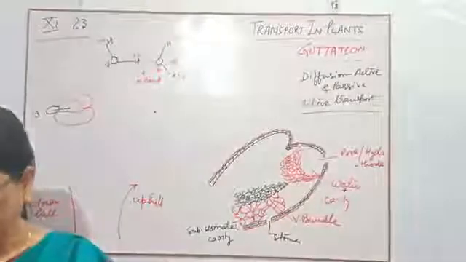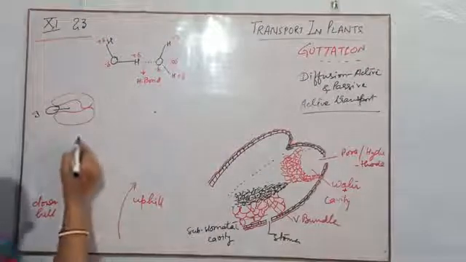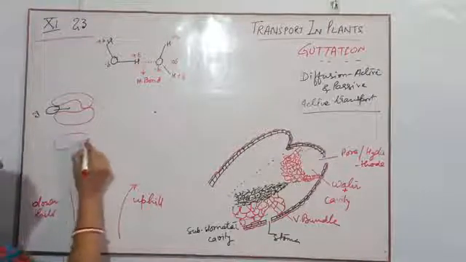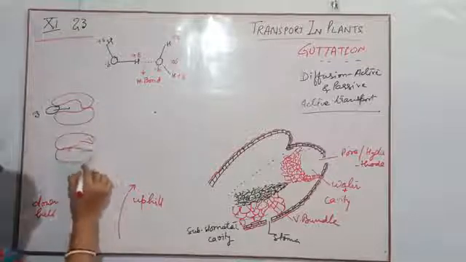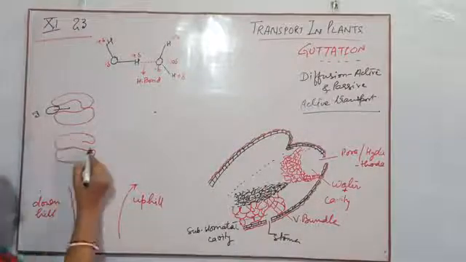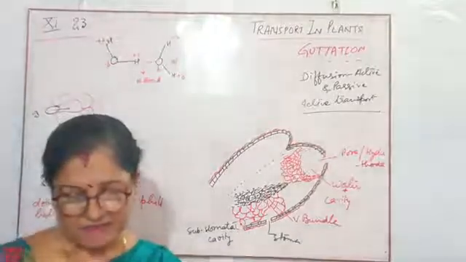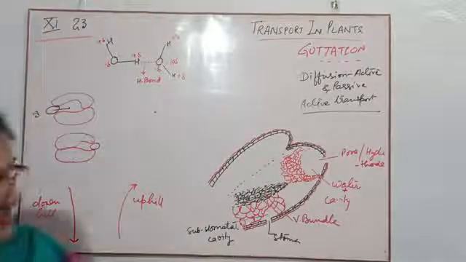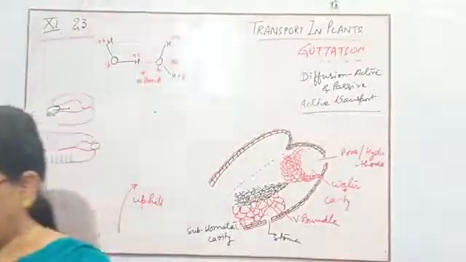The protein molecule will carry it along with it, and then when it turns off, again this side becomes closed and this side becomes open. In this way they can transfer the material from outside to inside, and after reaching the inside they release that substance. So this is the mechanism of active transport.